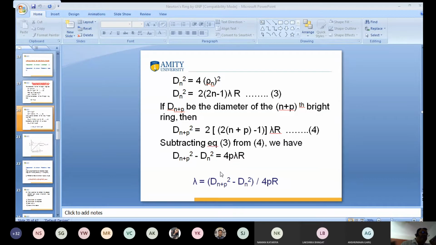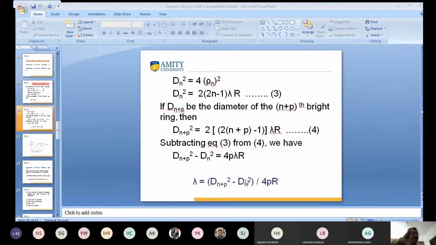What was my target? My target was to calculate the wavelength of sodium light. So the wavelength λ is equal to (Dn+p)² minus Dn² divided by 4pR. This is the wavelength of light which is calculated. This is a very important formula, so keep it in mind.